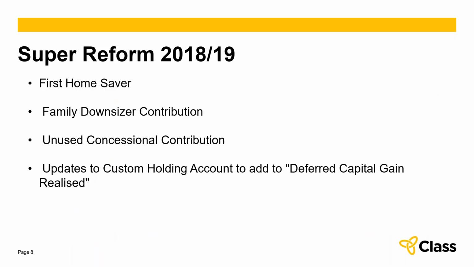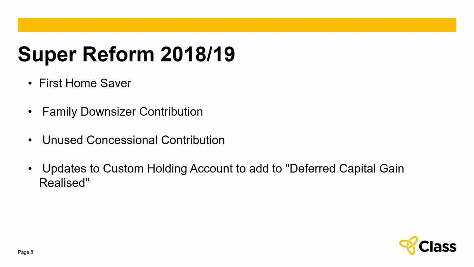And to the last section, which is the super reform changes and the tax return. As I mentioned briefly, we'll have subsequent training materials and webinars potentially on year-end processing, which this all ties into.